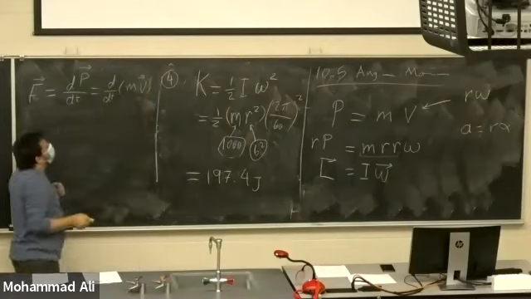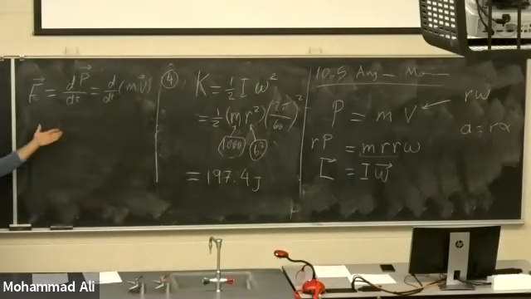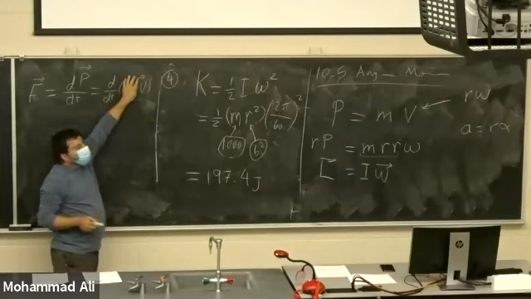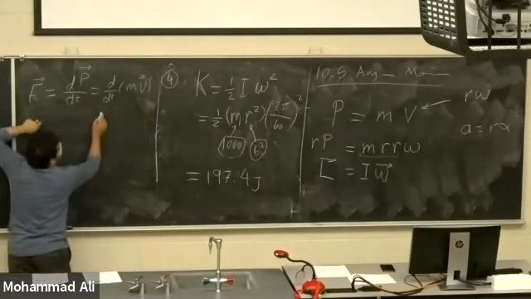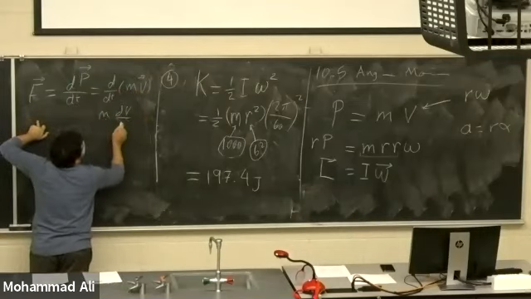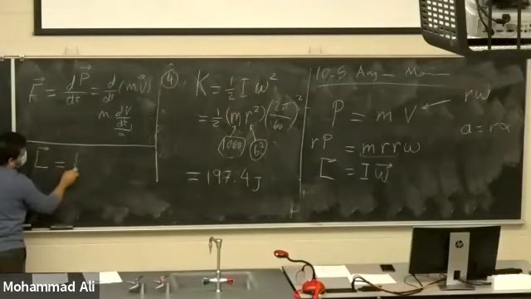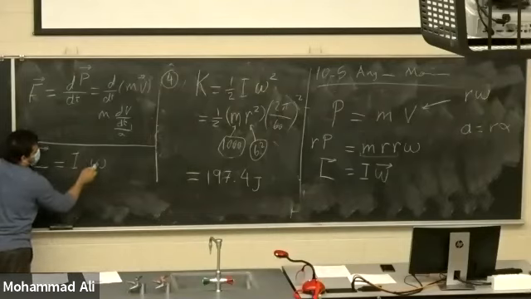The velocity is a vector. This is the linear force. And if m is a constant, then it will be m dv by dt, which is the acceleration. It's the same now. We have L equal to, as a vector, the moment of inertia multiplied by omega as a vector.